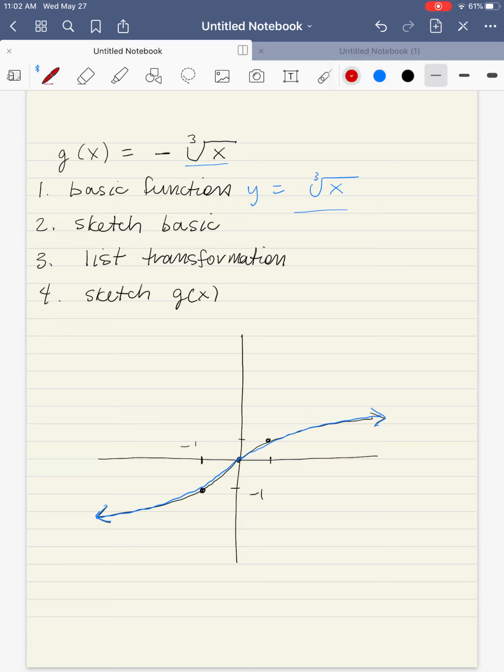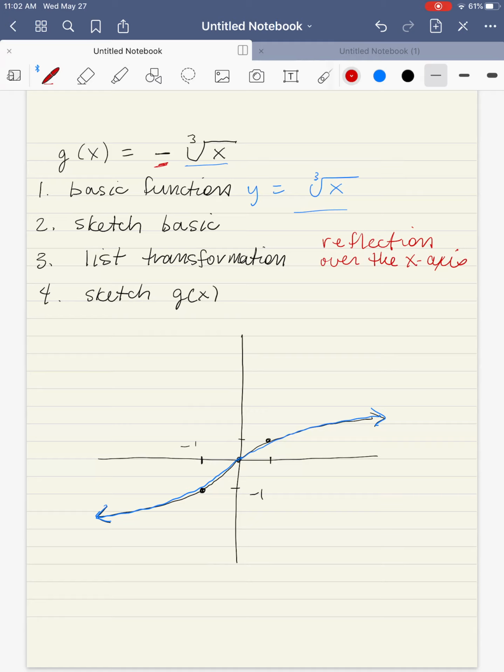And then we see that our change here is this negative in front of the function, outside of the function. So that tells me that I have a reflection over the x-axis because I'm changing all of my y's.